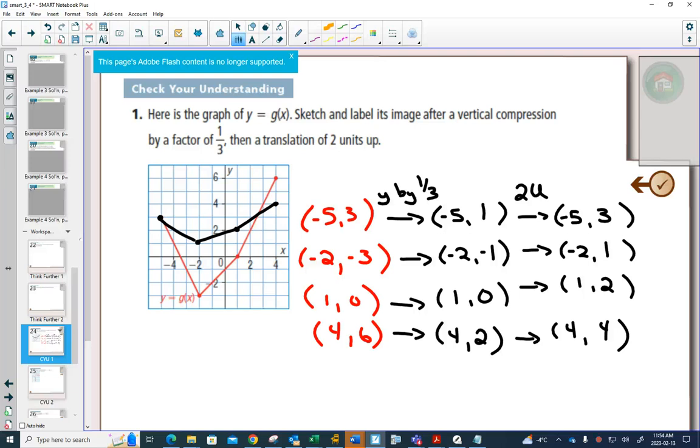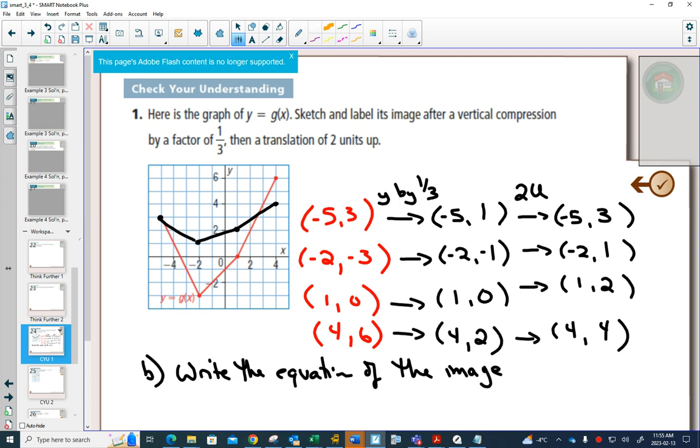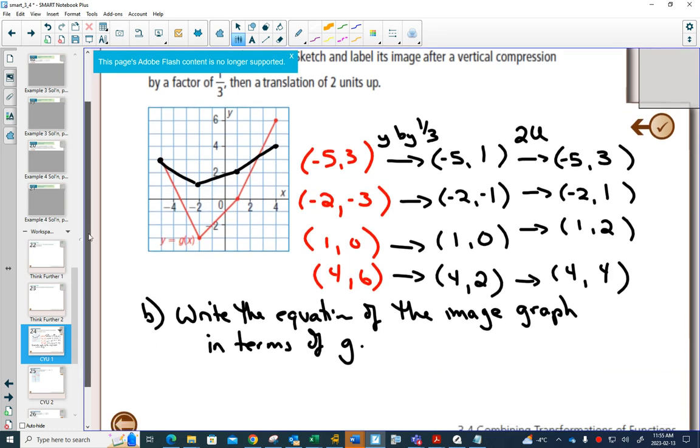So I'm going to add a part B to this one. Let's write an equation of the image graph in terms of g.